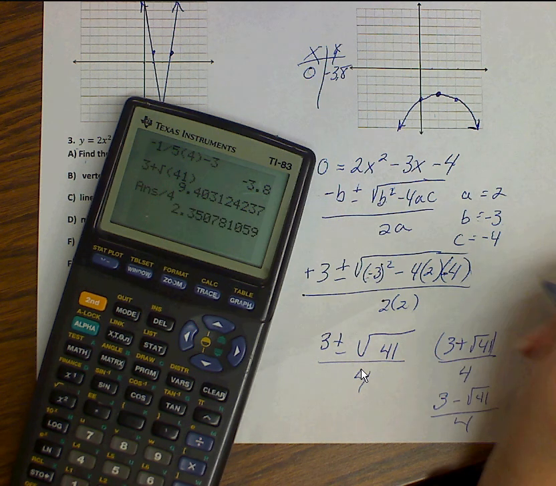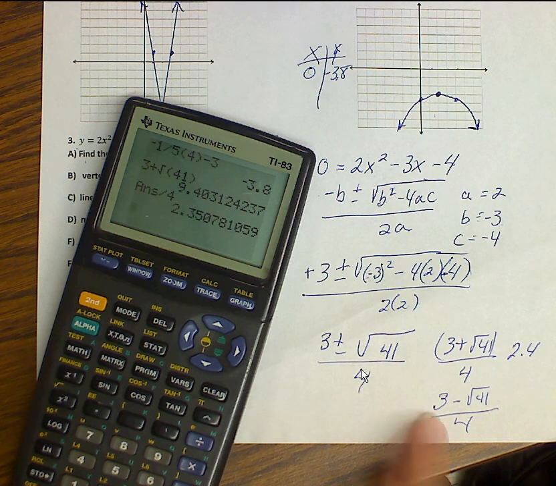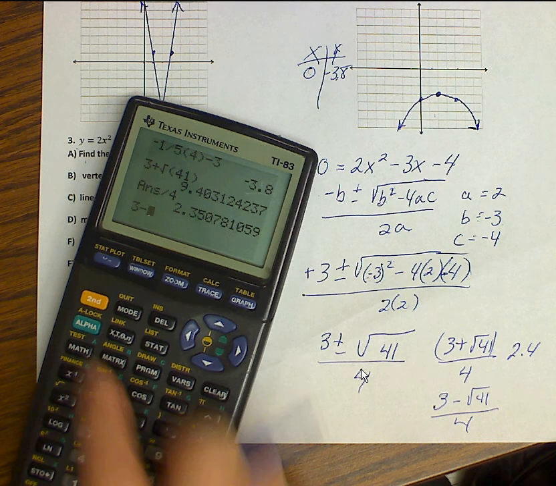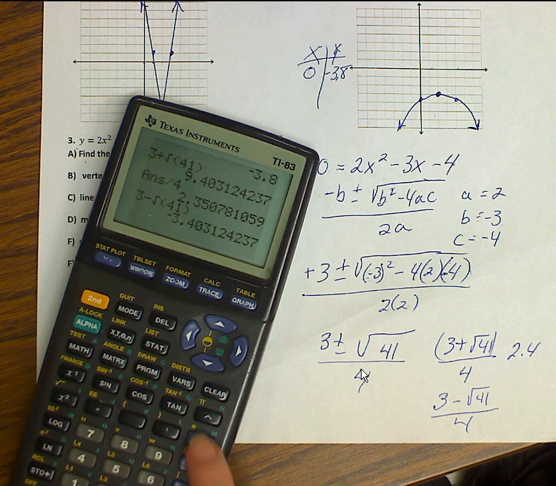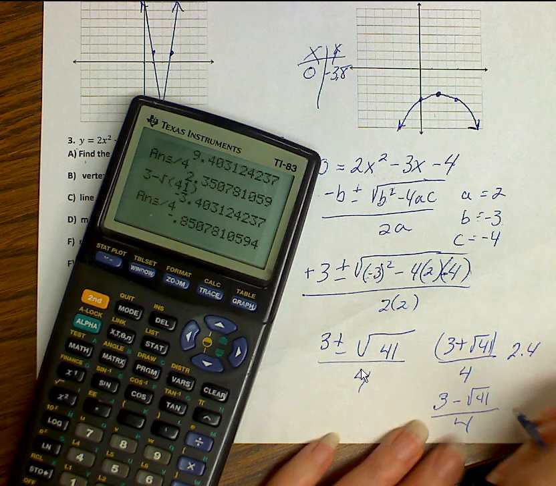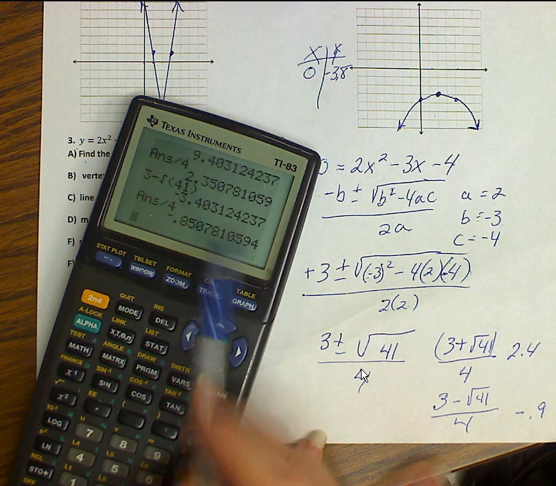You should get 2.4. And then this one is 3 minus the square root of 41 equals divided by 4. And that is a negative 0.9. I rounded up.